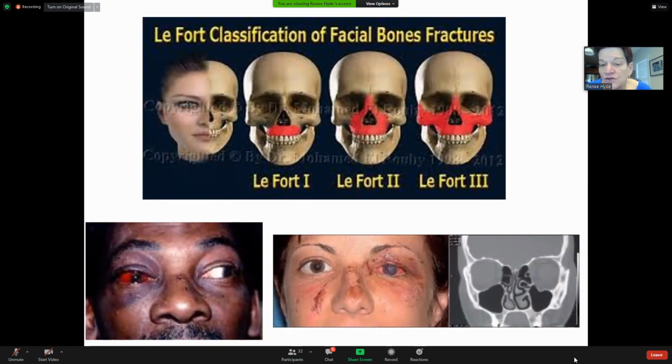And the danger is with these bony fragments, they can pierce the globe of the eye. Now, these Lefort 3s, typically these folks get their jaw wired, and you will have major reconstruction of that face, okay?